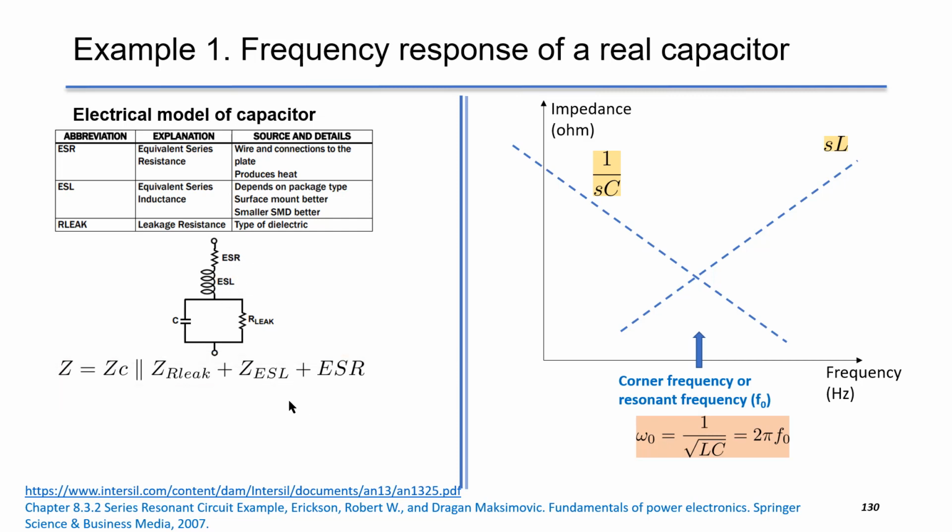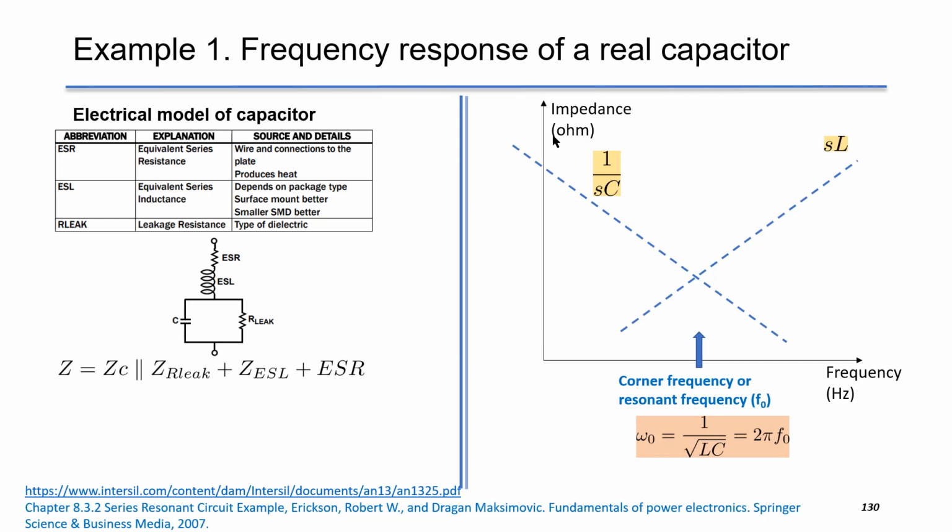Since these three parts are in series, we can simplify this equation using magnitude asymptote. In other words, we only care about the largest part and ignore the others. That means the largest part will dominate in the total impedance Z.